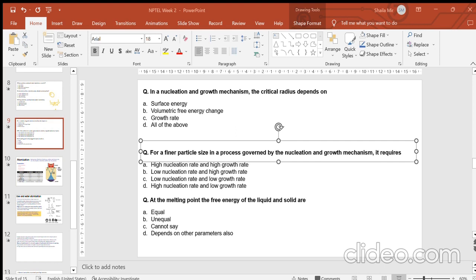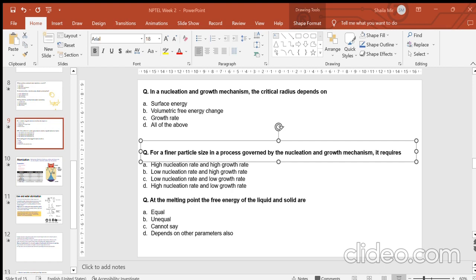The options are high nucleation rate and high growth rate, low nucleation rate and high growth rate, low nucleation rate and low growth rate, high nucleation rate and low growth rate. So what is the best combination between nucleation and growth? The answer is high nucleation rate and low growth rate, right?